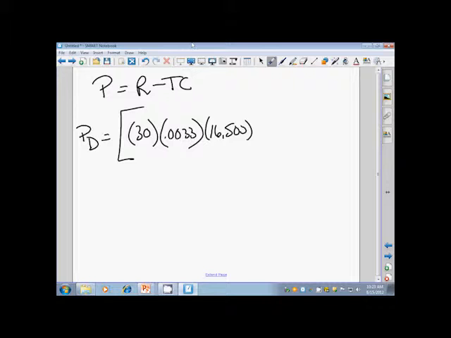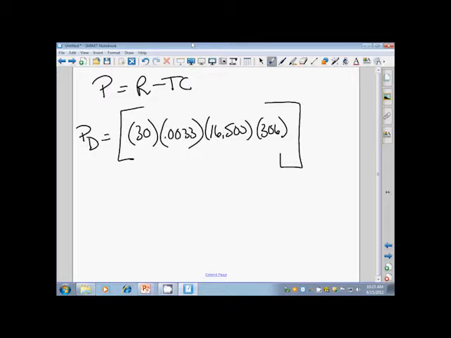Now we said annual. This is one day. How many days a year is she going to be open? 306 days a year. That is my revenue. 30 times 0.0033 times 16,500 times 306 days. That's my annual revenue.